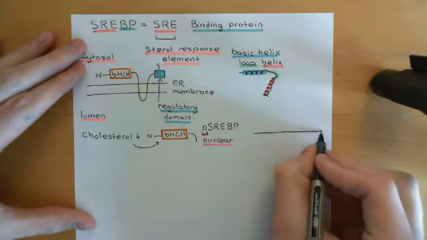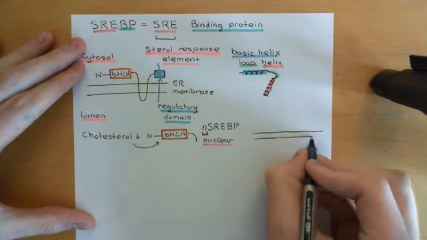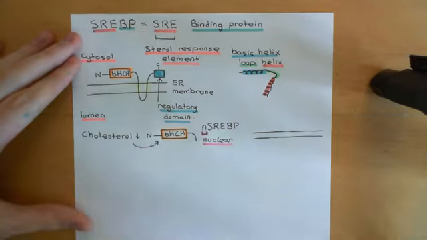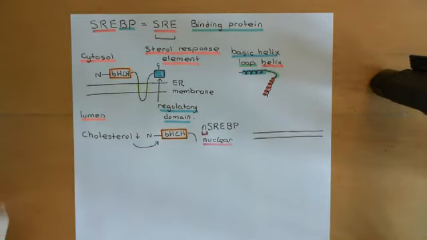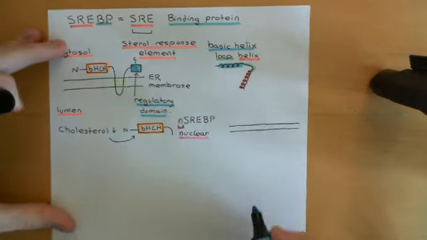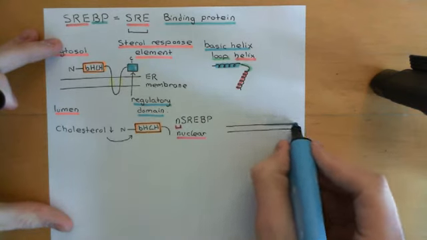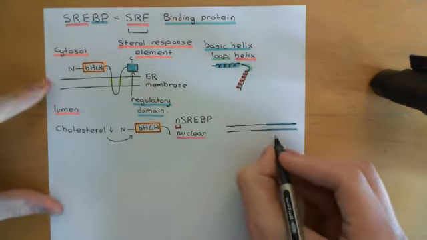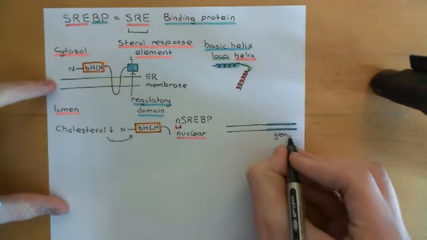So if I just show this, this pair of parallel lines here is now no longer representing a phospholipid bilayer, but instead is representing a piece of double-stranded DNA. So let's say here is a gene that's going to be controlled by cholesterol level. So this is some gene here.